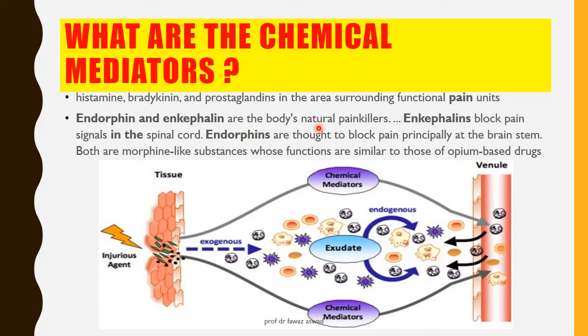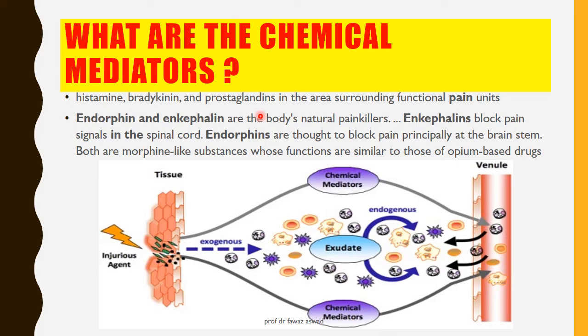So the painkillers are divided into two areas of action. One of them occurs at the spinal cord. The other occurs at the brain stem. And both are considered morphine-like substances. The action of these two important chemical mediators is similar to the medications or drugs which are given to the patient.